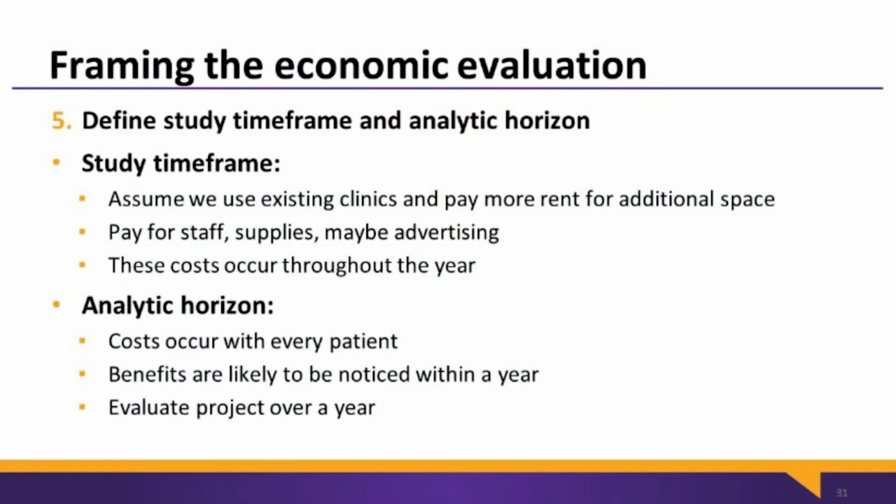As far as the analytic horizon, costs will occur for every patient, whether they get treated or not. The benefits are likely to be noticeable within a year. You're going to have women who become pregnant at the beginning of this program, women who are delivering at the beginning of the program. But either way, you should start seeing outcomes within 9 months.